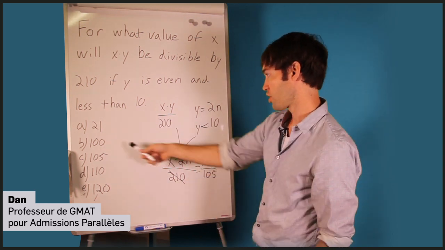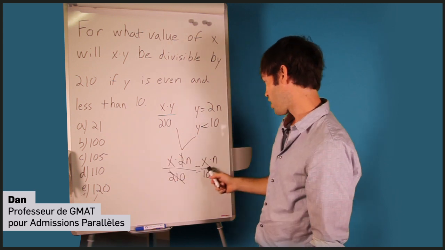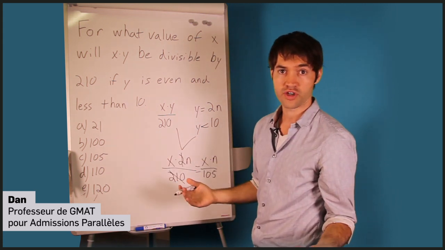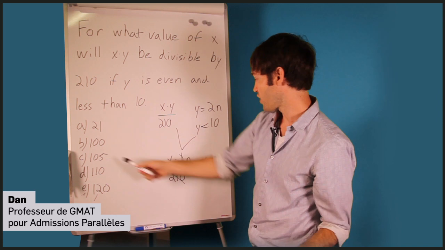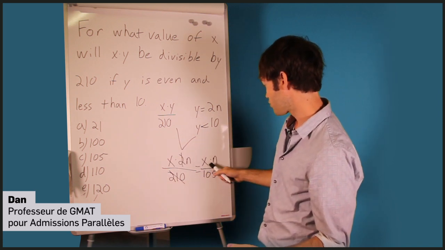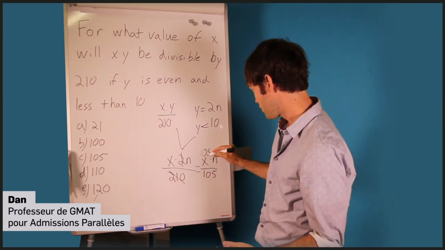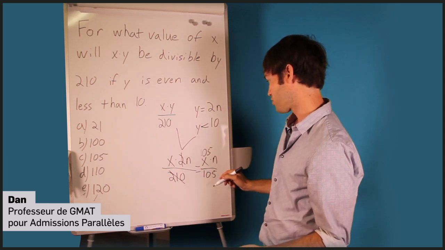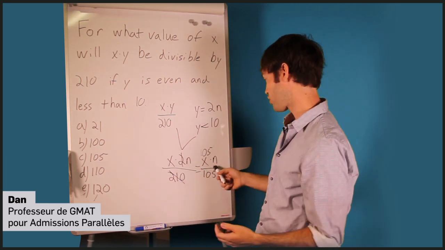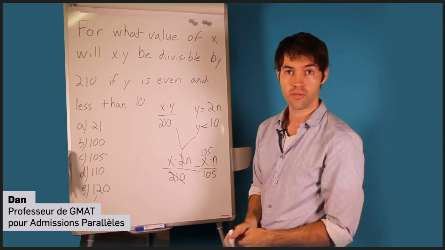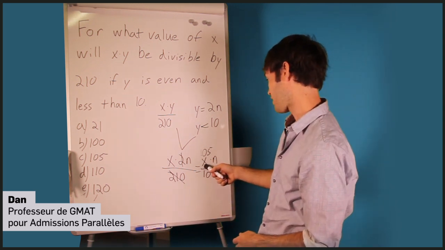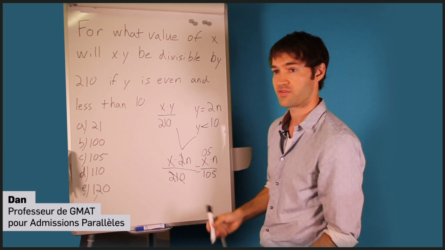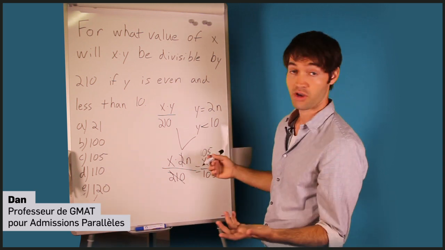But it's not sure. 100 divided by 105, that's not a whole number either. So we try 105, we plug that in, and we'll see 105 times some number divided by 105. No matter what this number is, it's going to be divisible by 105. So that's how we do that one.